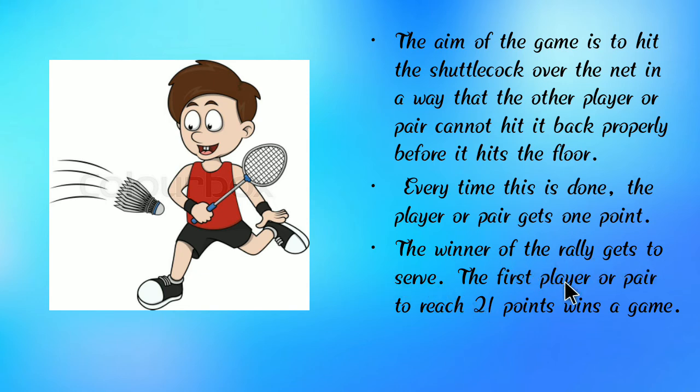The first player or pair to reach 21 points wins the game. It is a very interesting game, and badminton can be played outside of our home, so it is called an outdoor game. Children, everyone understands about this game.